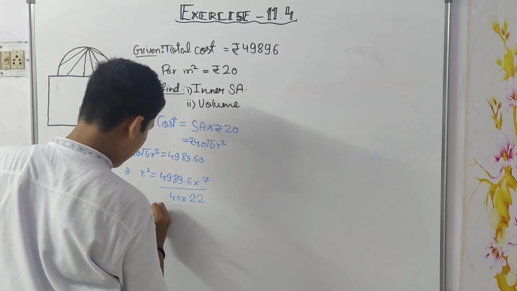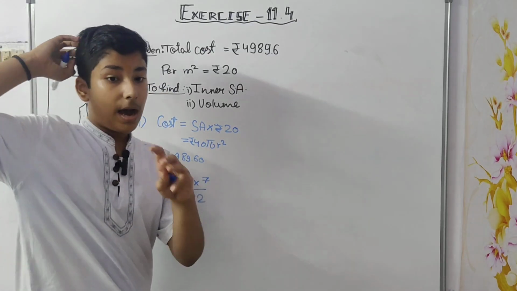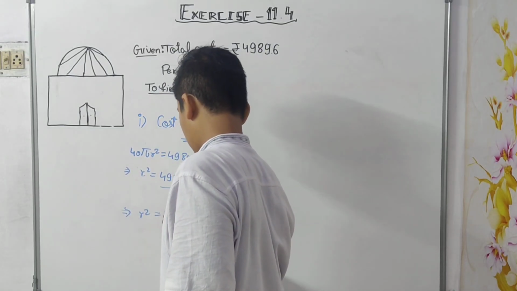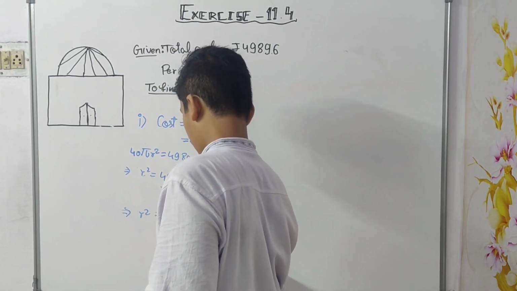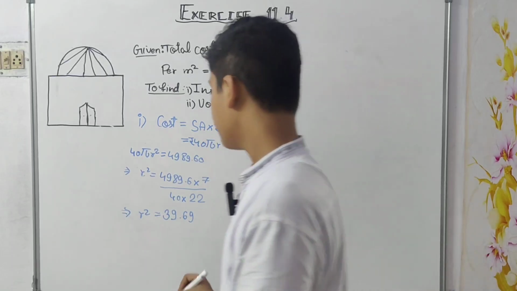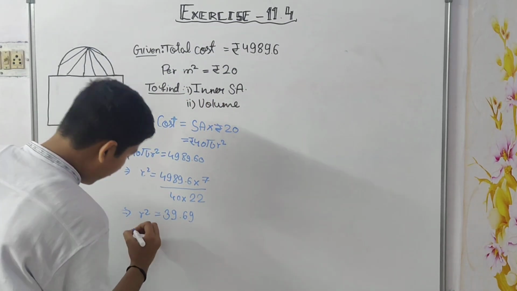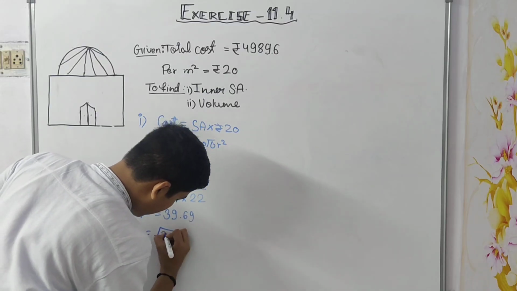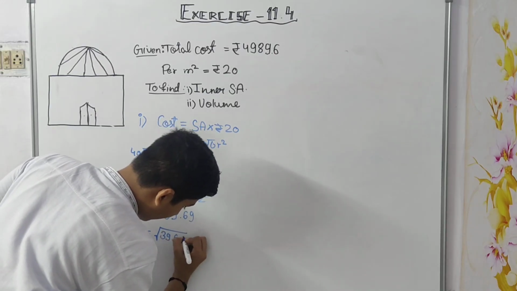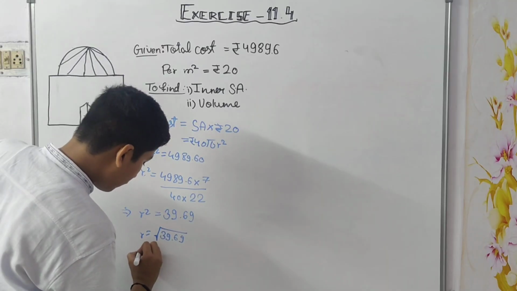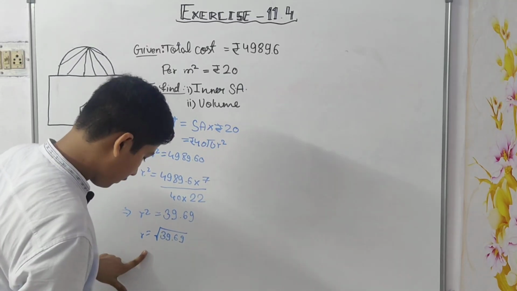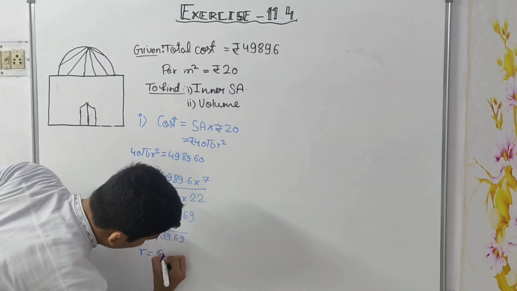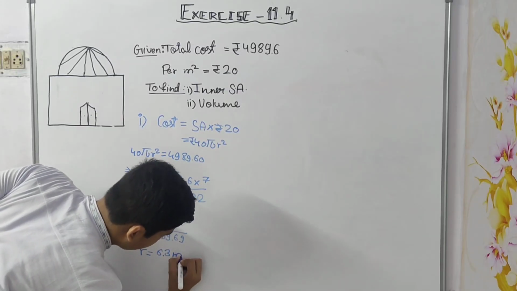When we solve this, we get r square as 39.69. So the radius r will be the root of 39.69, which is 6.3 meters.